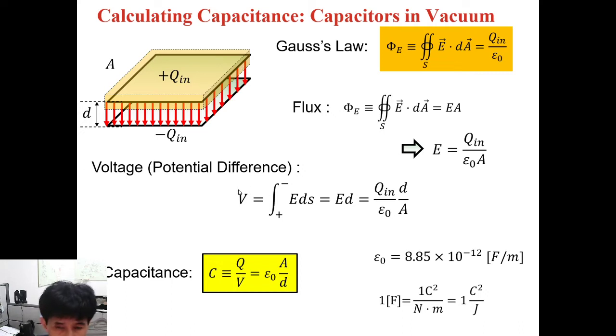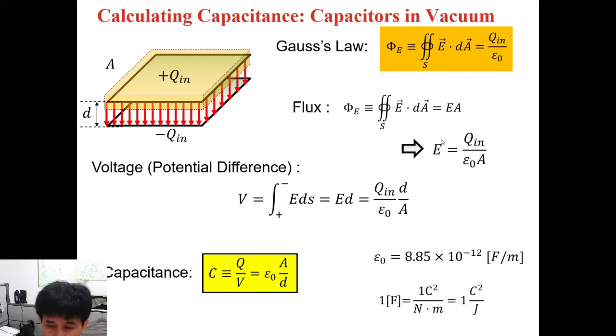Voltage is the integral of electric field from positive to the negative plate, and electric field is constant, so electric field times D is the integral of this.